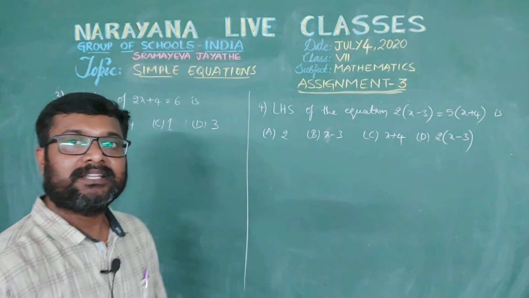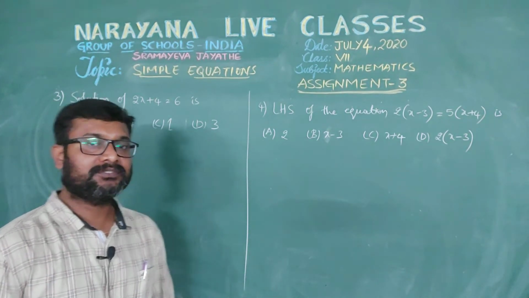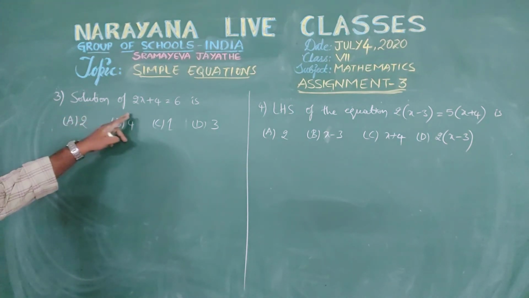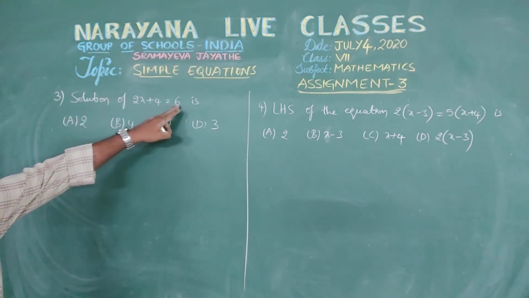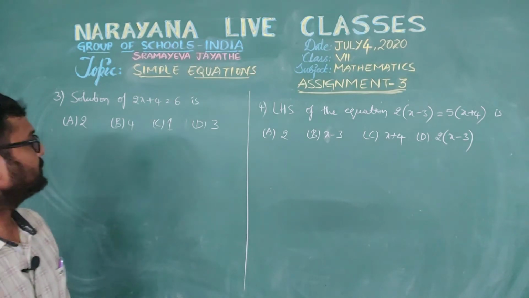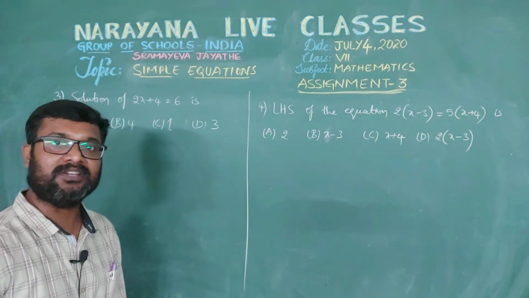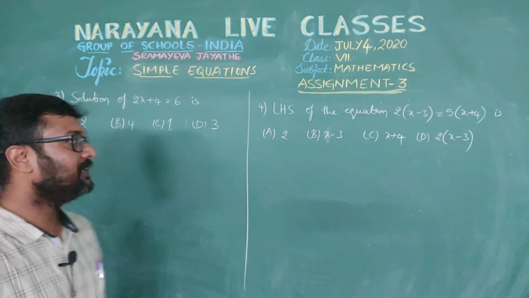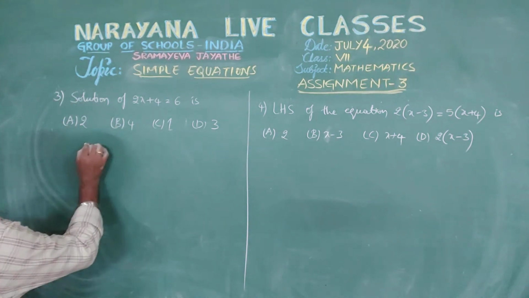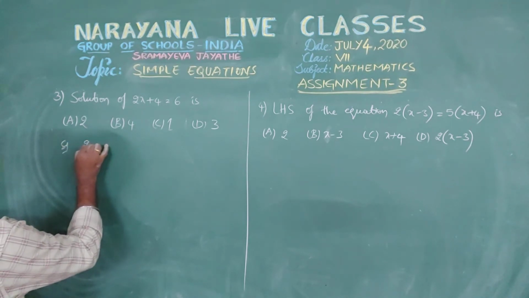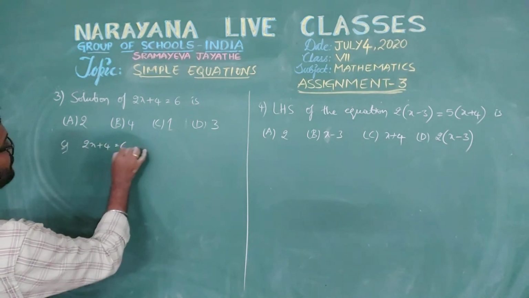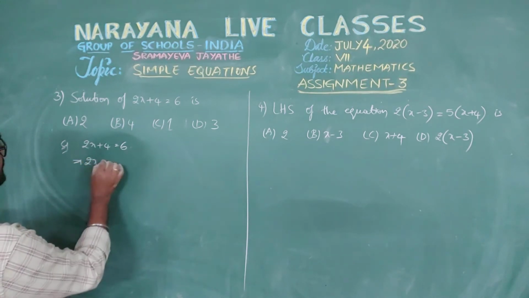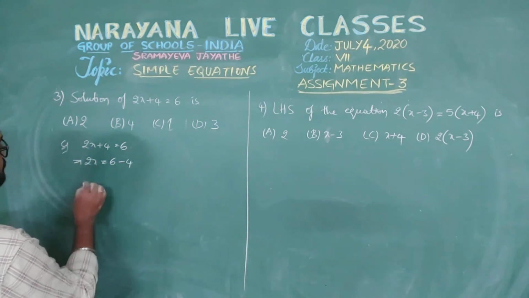Now let us see the third and fourth questions. The third one: the solution of 2x plus 4 is equal to 6. We need to find the x value here. Solution of this equation means what? We need to find the x value. Let us find it. Now 2x plus 4 is equal to 6. Transpose 4 to this side, it will become 6 minus 4.